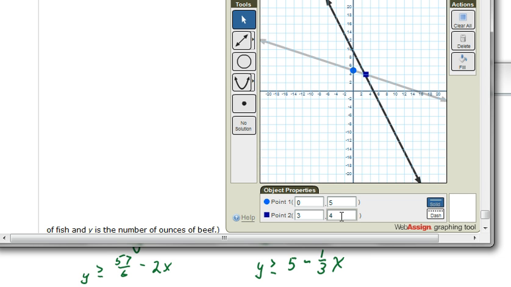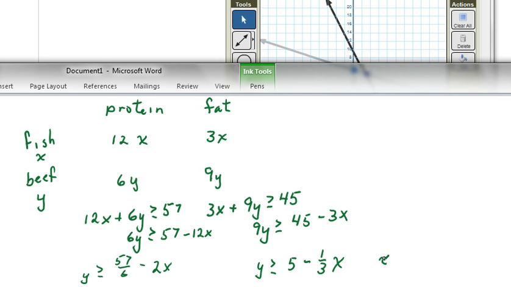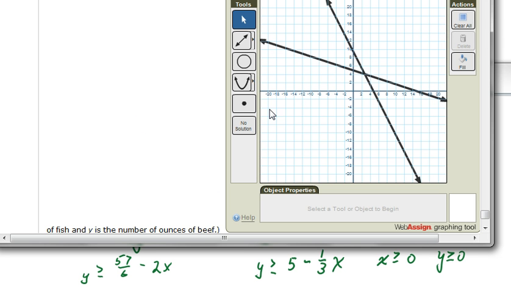Now we have two other constraints that were not written down initially, but those two constraints are X must be greater than or equal to 0, and Y must be greater than or equal to 0. And so let's put those also in. We'll draw the X equals 0, which is the Y-axis.